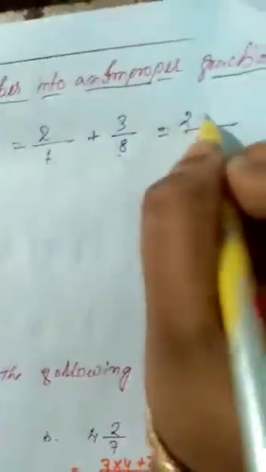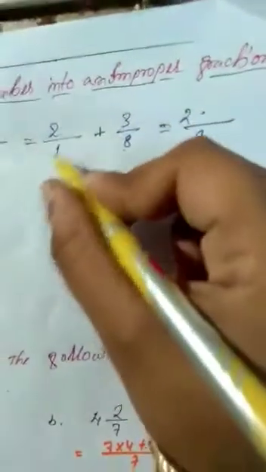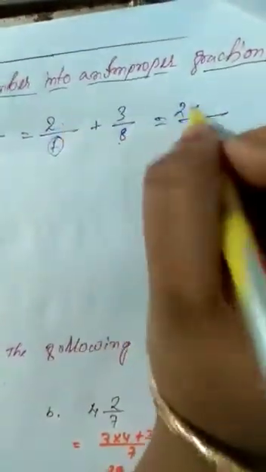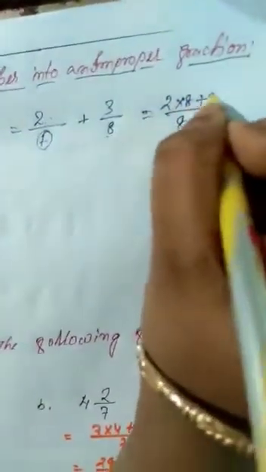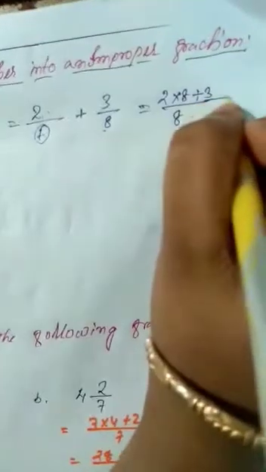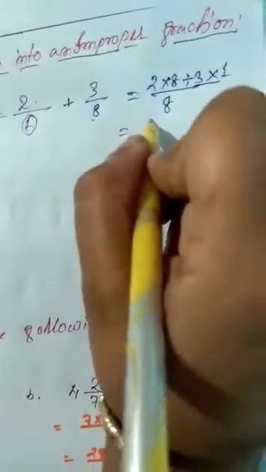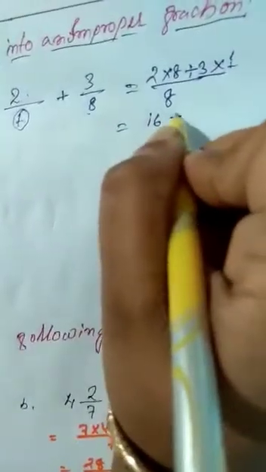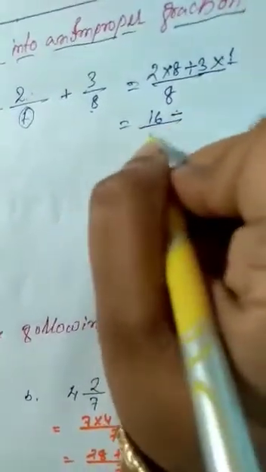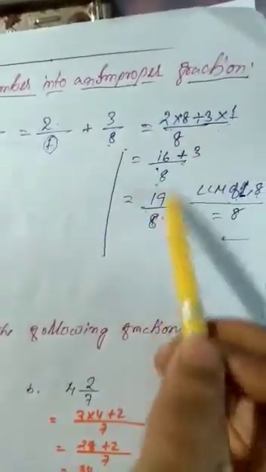Now 2 by 1 and 3 by 8. See here, 2 has nothing under it, so we have to multiply it by 8, and 3 into 1. So 2 into 8 is 16, then plus 3, over 8, so 19 by 8.